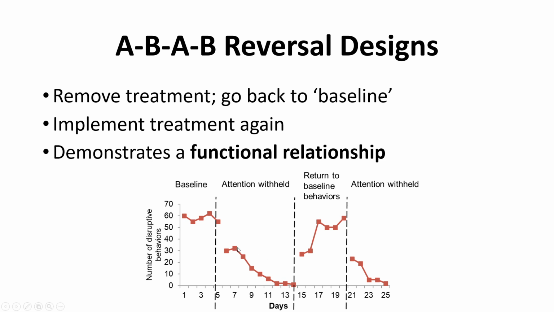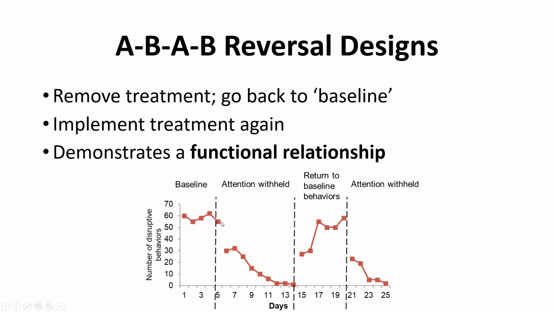And by changing only that treatment, whether it's there or not there, and by doing it once or one replication or even multiple replications, if this graph continued, if you did this multiple times, you'd have AB, AB, AB, AB.